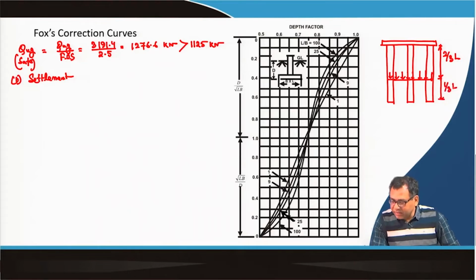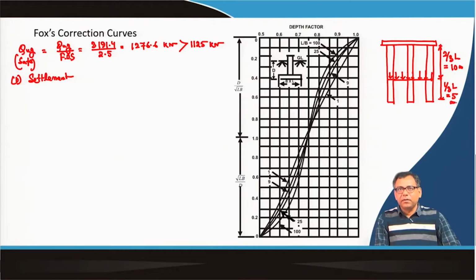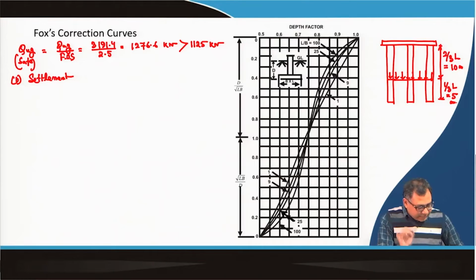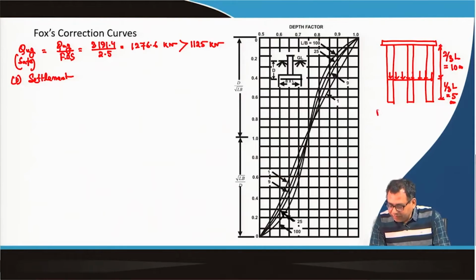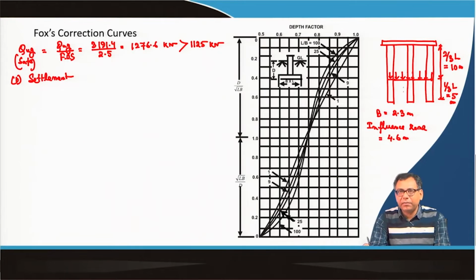So, L is 15. So, 2/3 L is equal to 10 meter and 1/3 L is equal to 5 meter. And then our B value is 2.3 meter. So, the influence zone for the settlement calculation will be twice B, which is 4.6 meter from the raft.